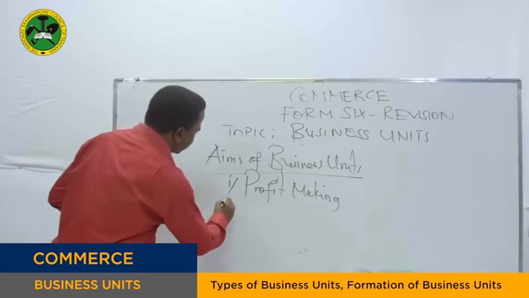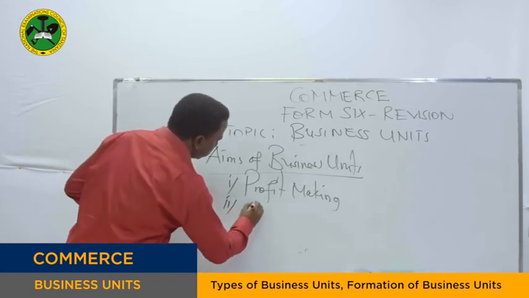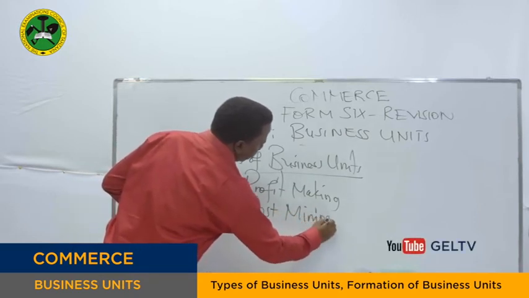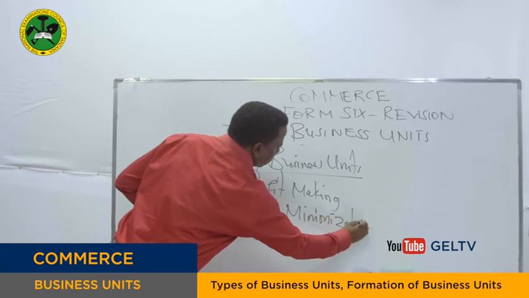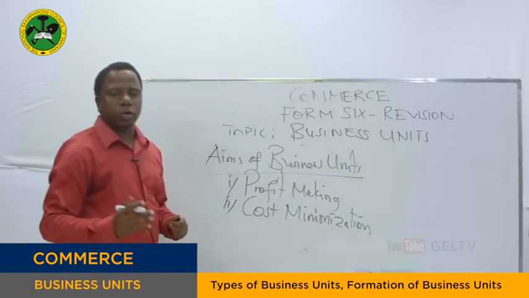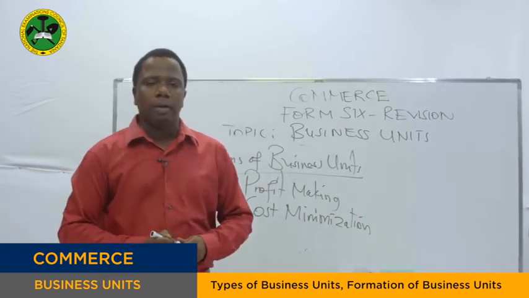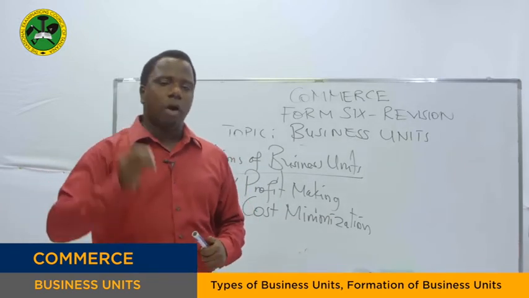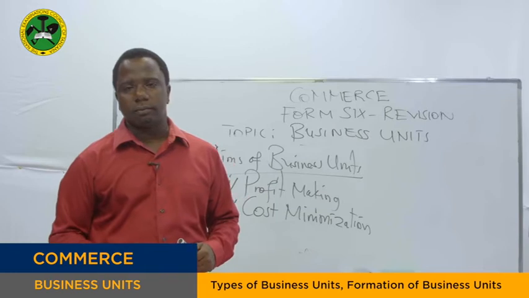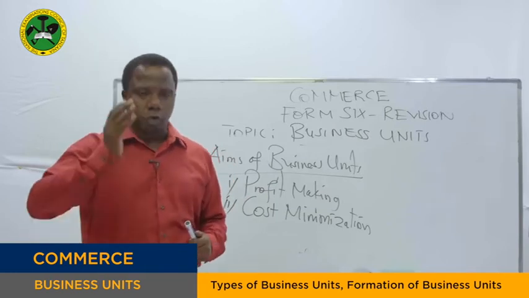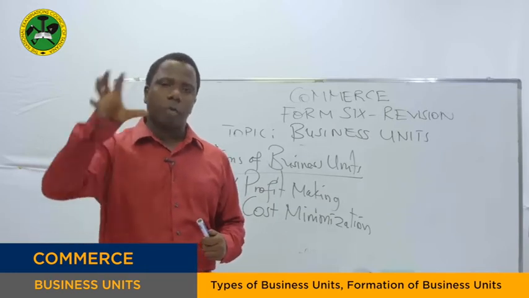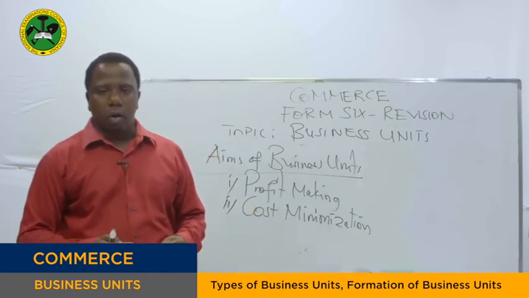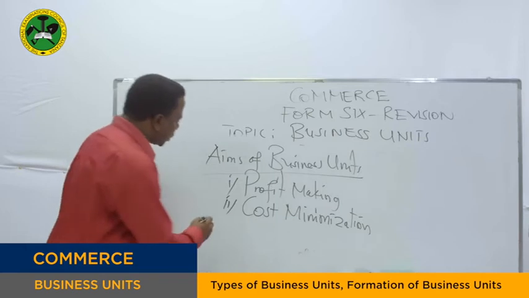Number two is that business units also will focus on minimizing costs of operation. In order to get profit, you should minimize your cost of production.